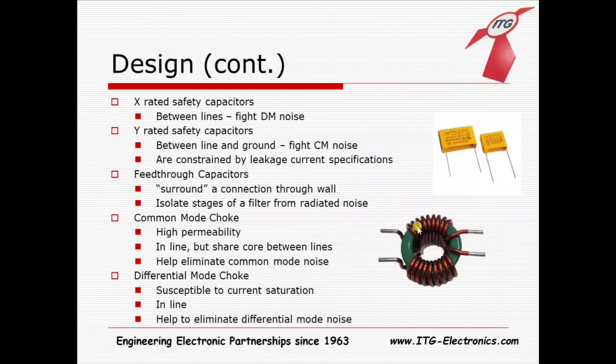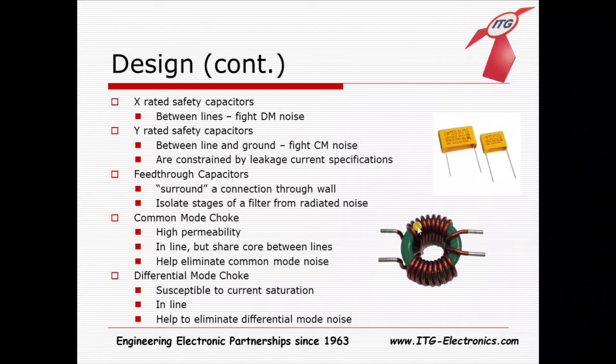So as a result, you can get very high permeability cores that are normally very sensitive and susceptible to current, because it's basically seeing no current. And those, obviously, by the name, you can probably guess, help to eliminate common mode noise. It's a common mode choke. And similarly named, the differential mode choke helps to eliminate differential mode noise.